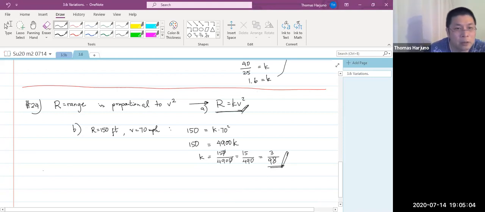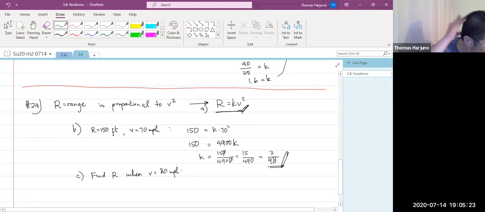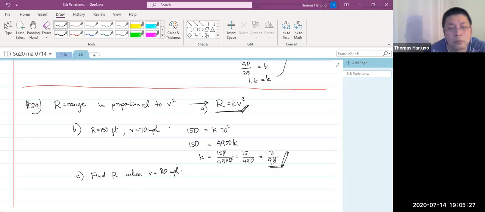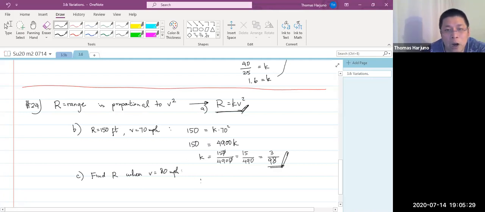Now then, using that result, the question is, find the range when the initial velocity coming off the ramp is 80 miles per hour. That will be r equals 3 over 98 v squared.